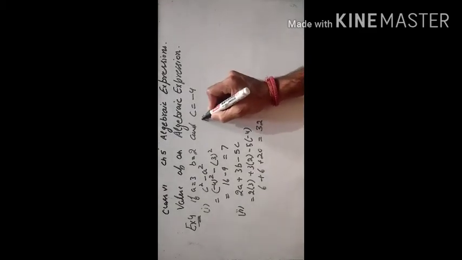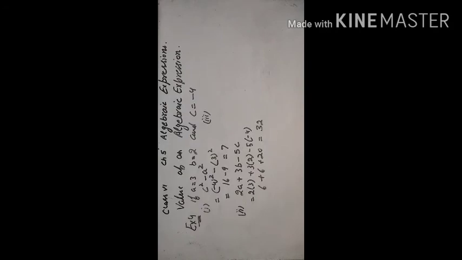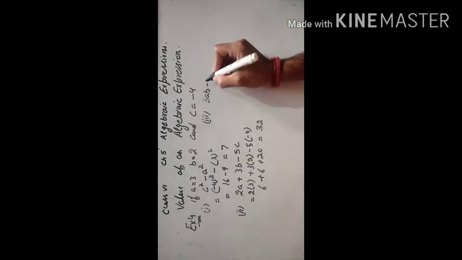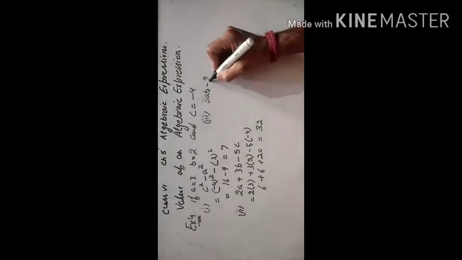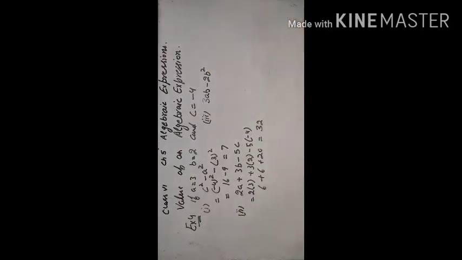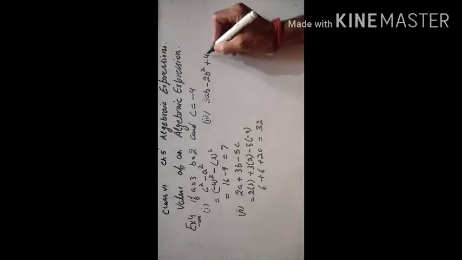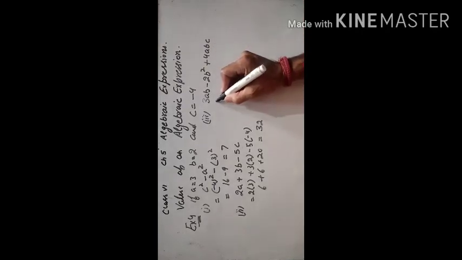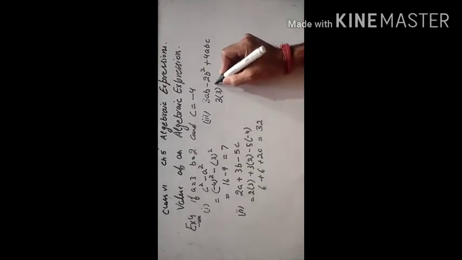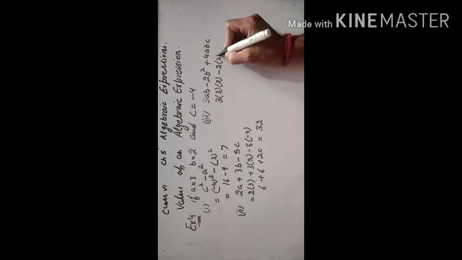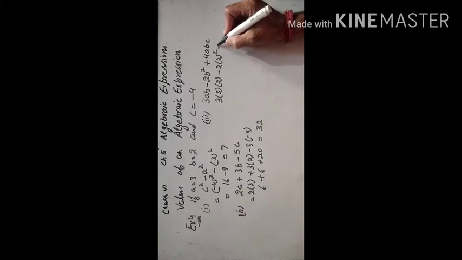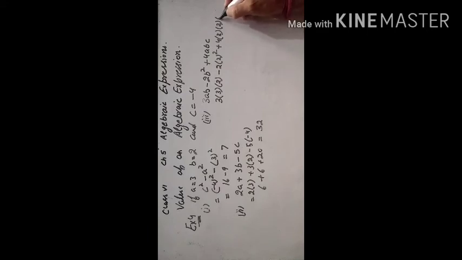Third part, find the value of 3ab minus 2b square plus 4abc. 3ab means 3 into 3 into 2, minus 2 into 2 square, plus 4 into 3 into 2, b is 2 and c is minus 4.